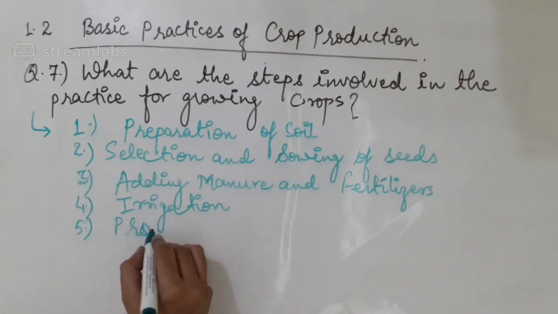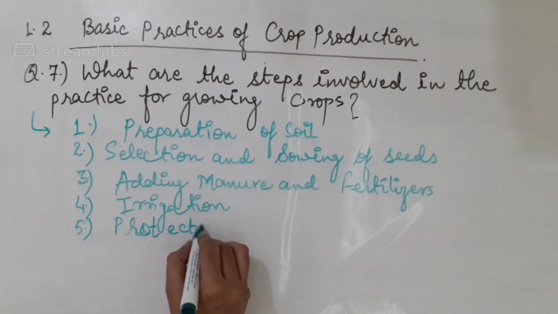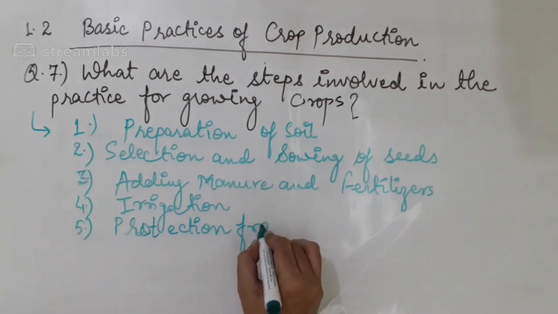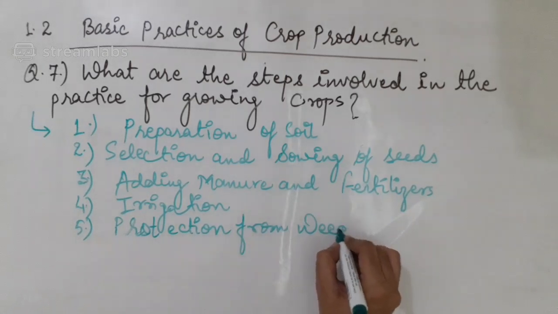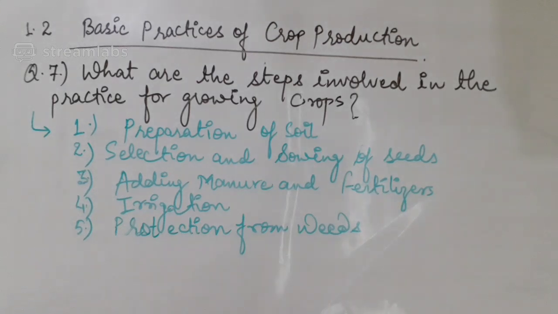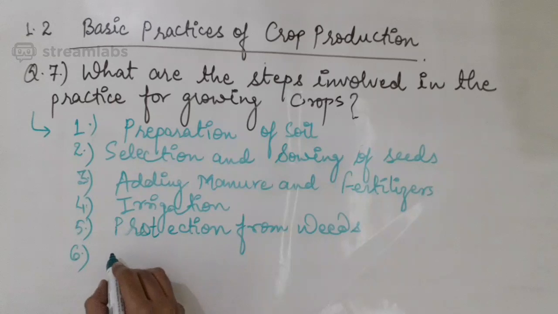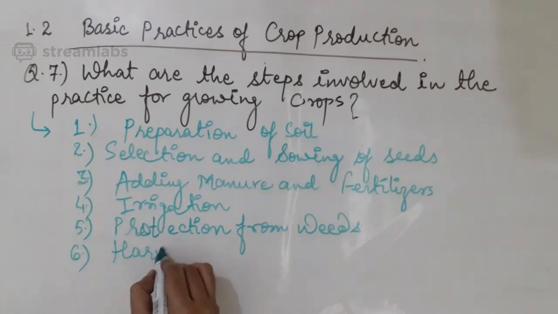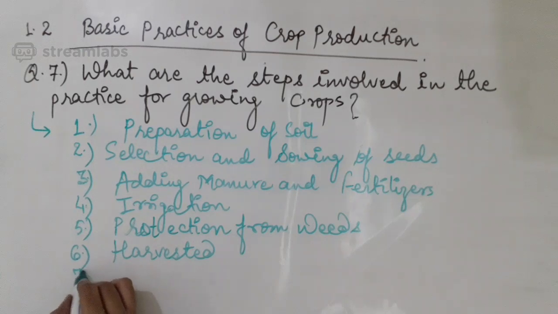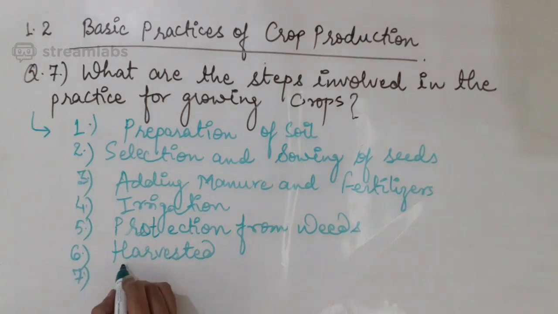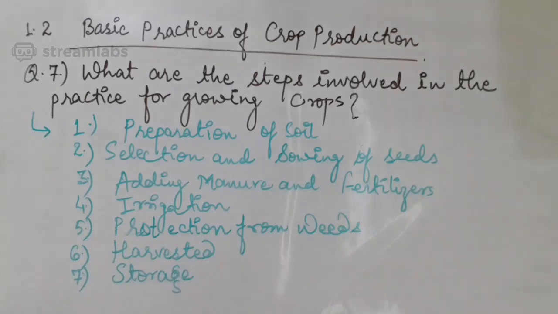So, protection from weeds. Next, when the crop is matured, it needs to be harvested. After harvesting, the crops need to be dried under the sunlight and the storage is being done.